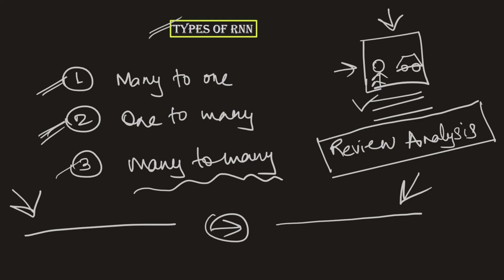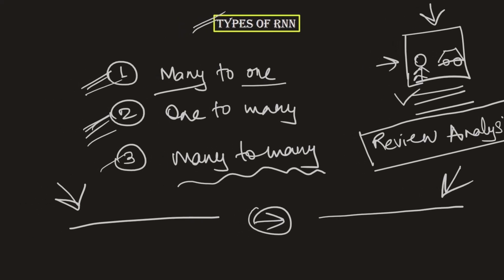And depending on this review that has many words, the model will come up with an output that will have only one word, like good, average or bad. I hope that you were able to gain a very basic understanding around these variations of RNN types.